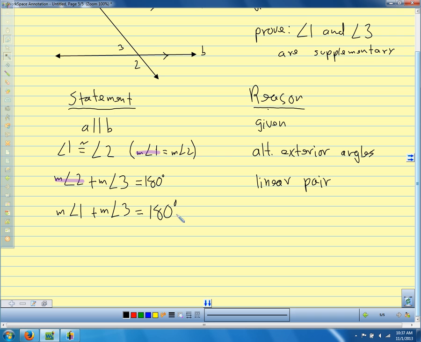Transitive, angle 1 is, yeah, we can say transitive. I was thinking, what did I do with measure of angle 1 here? What do we call it when we stick it in there? Substitution. So transitive would work. I was thinking substitution.